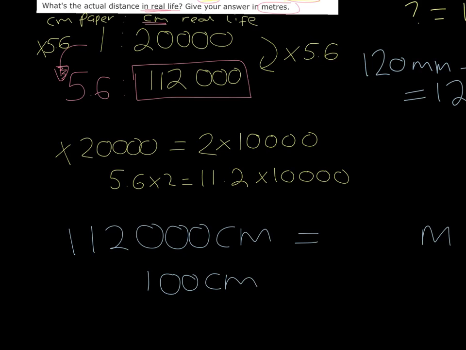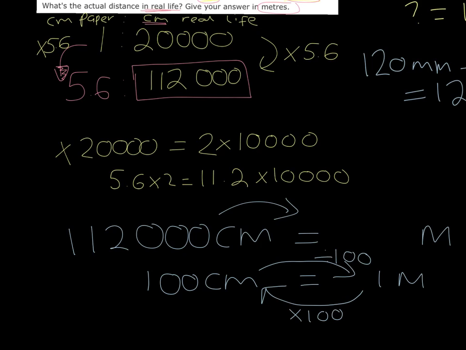So 100 centimetres is 1 metre. If you think about our ratio, to get from centimetres into metres, we need to divide by 100. So taking our answer, 112,000, and divide it by 100 to get your answer into metres, that's going to give us 1,120 metres.